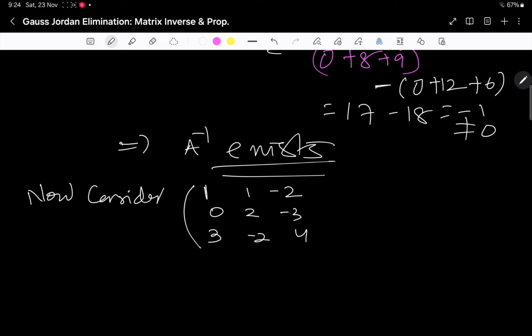With a dotted line, I write the same order identity matrix, and I want to bring the left hand side to an identity matrix, right?